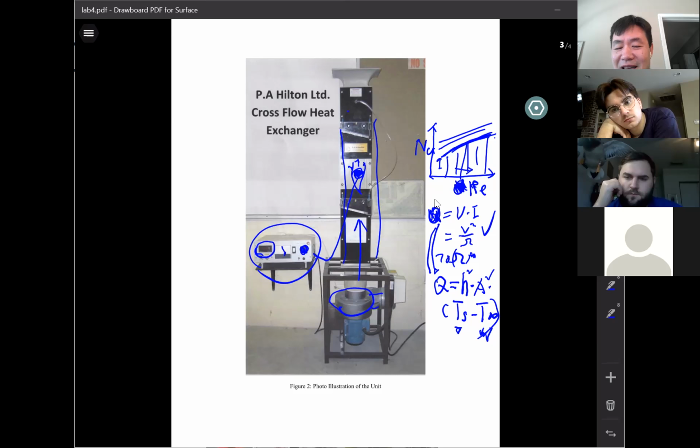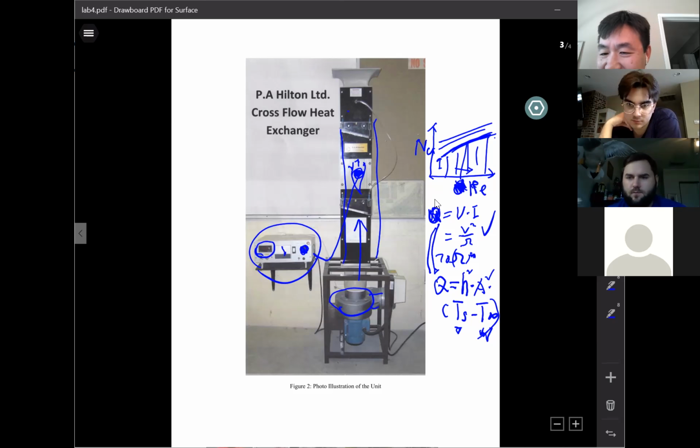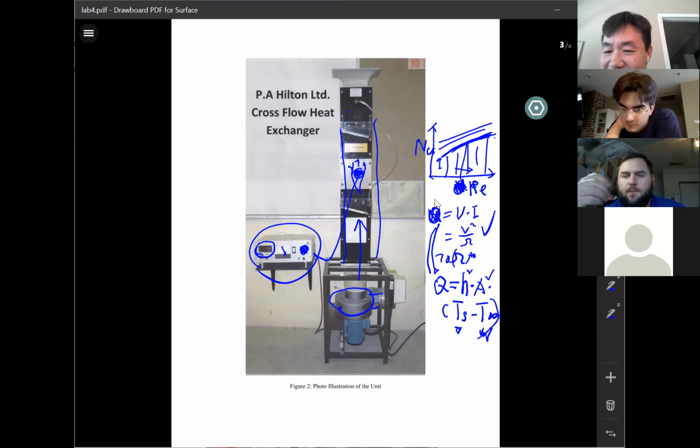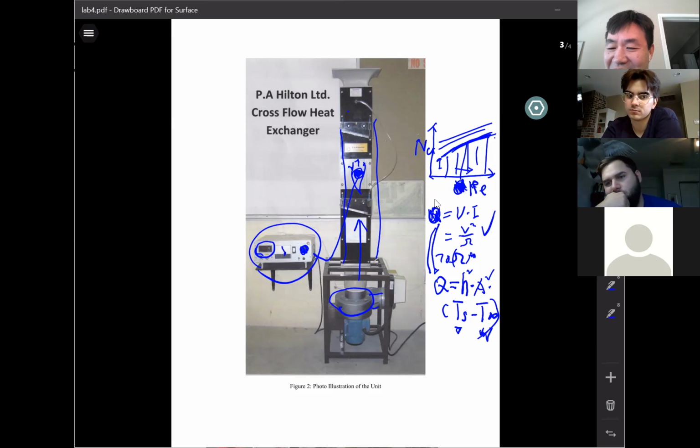You might think, if I increase the flow, the surface temperature is going to drop, right? How do I maintain the same surface temperature? The way I maintain it is I increase the voltage. You have a bigger Q.